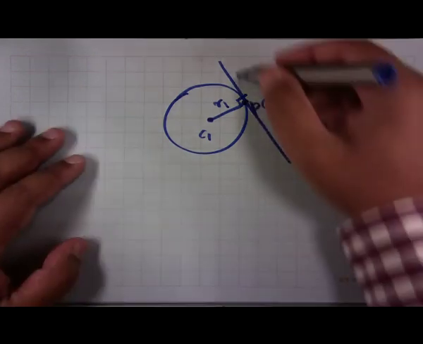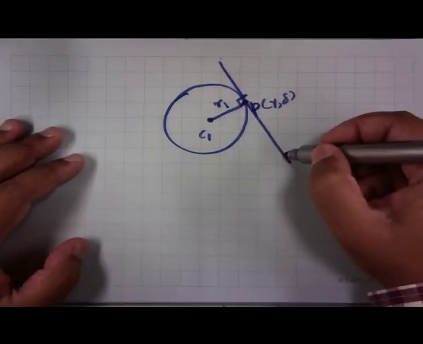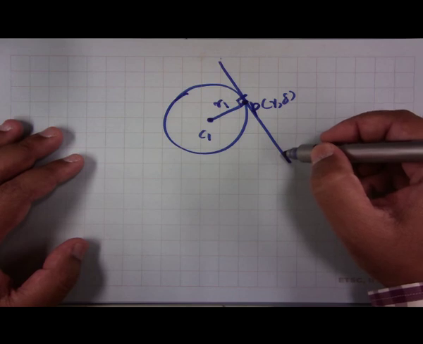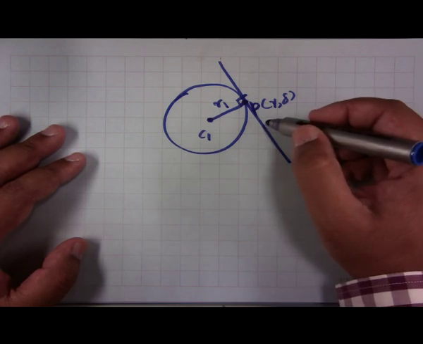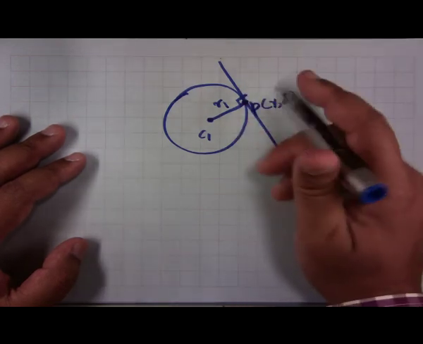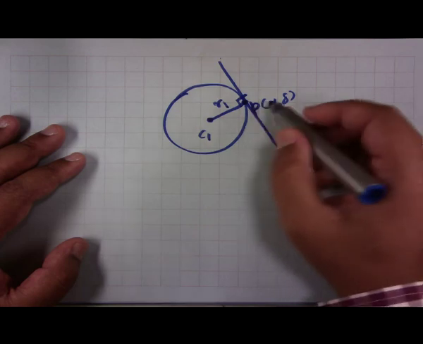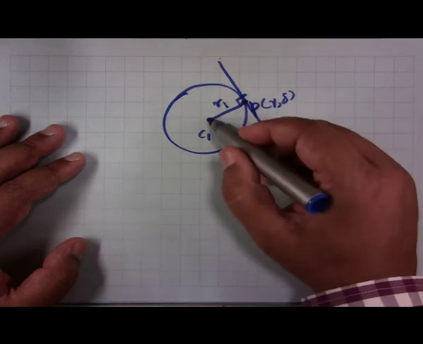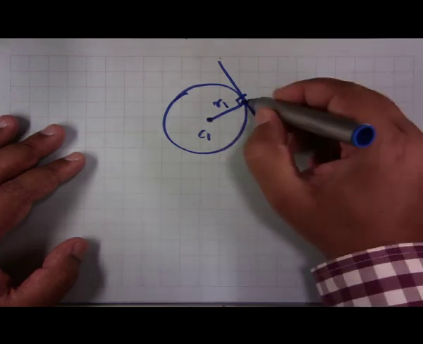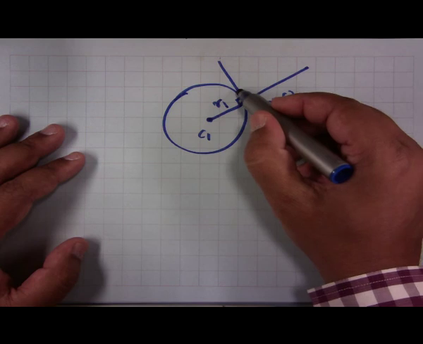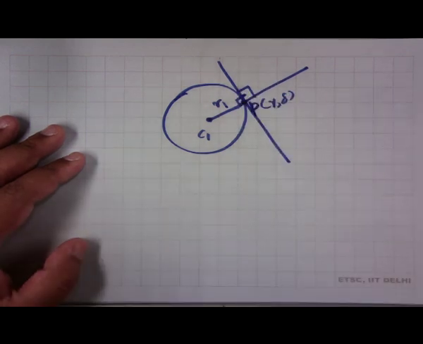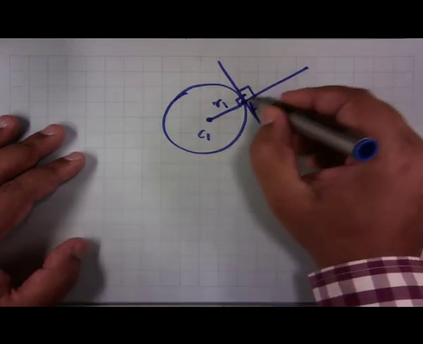Now, since this is a common tangent to both the circles, it means that this line is also a tangent to the second circle, and further we know that this point P lies on the straight line joining the two centers. So, if we just produce this line further, which means that this angle is also 90 degrees, the center of the second circle has to be somewhere on this line.